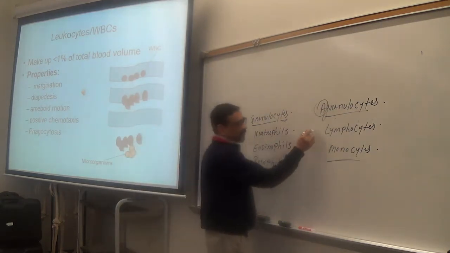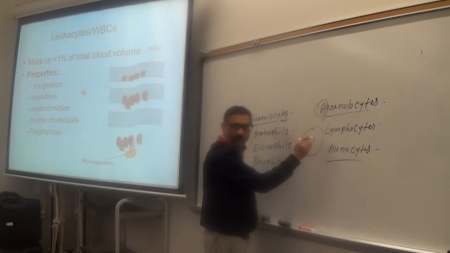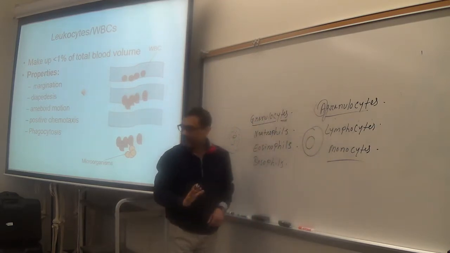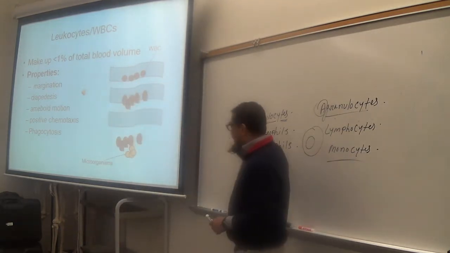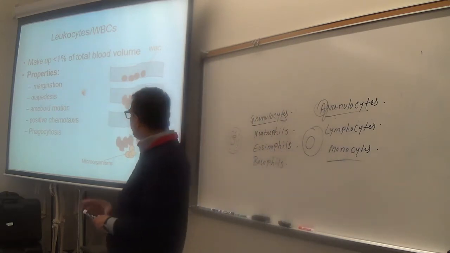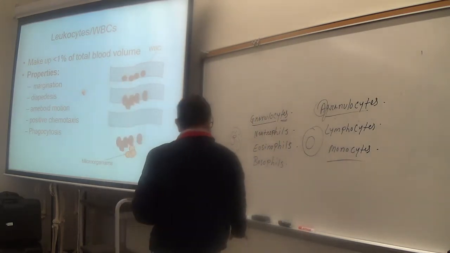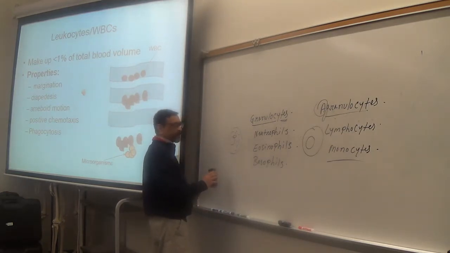This one doesn't have any granules in the cytoplasm. That's why agranulocytes. And we can color these granules by different stain or color. So that is 5 different types of white blood cells.